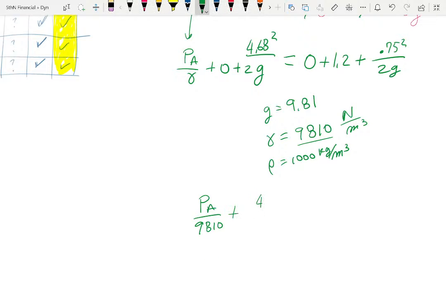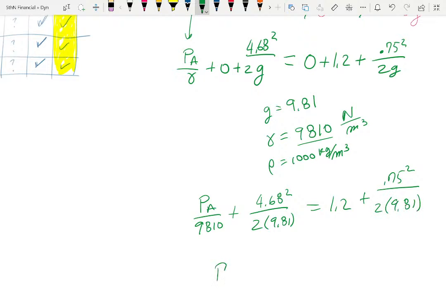Plus 4.68 squared over 2 times 9.81 equal to 1.2, and then you get 0.75 squared, which is kind of a small number, over 9.81.